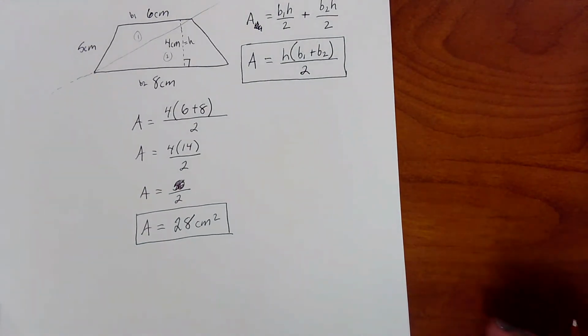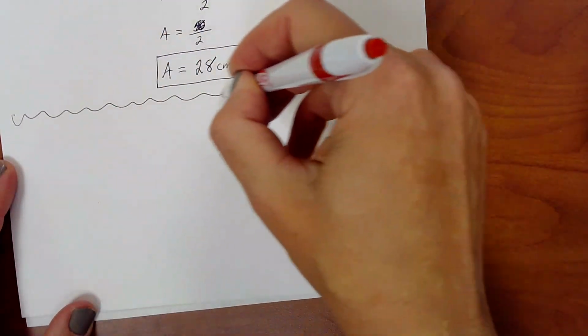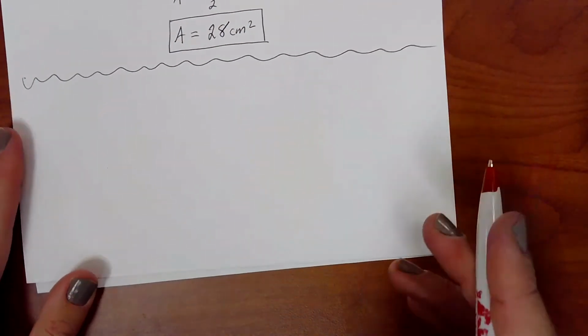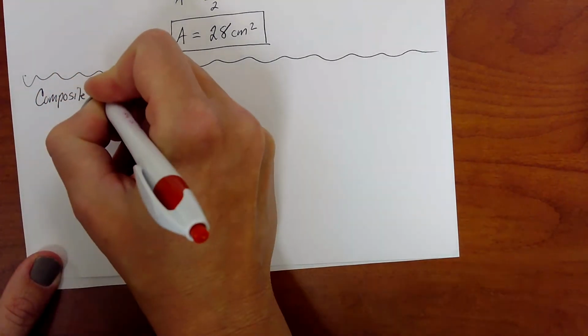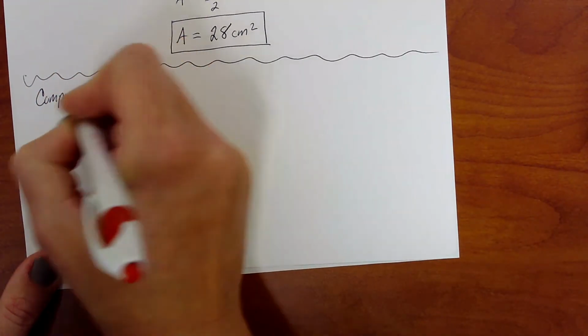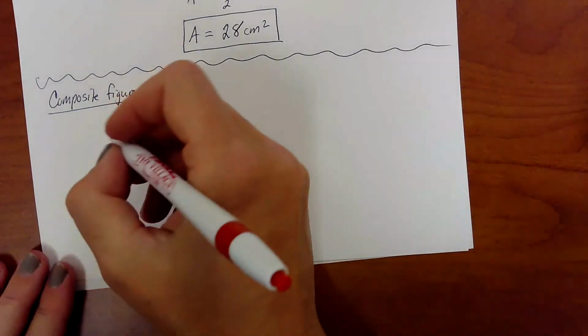All right, good. So those are all the shapes that we're going to learn today. The last thing I want to talk about is if you have what's known as a composite figure, which basically just sticks a bunch of different shapes together. So, I don't know, something like this.